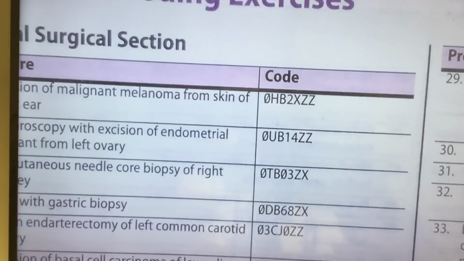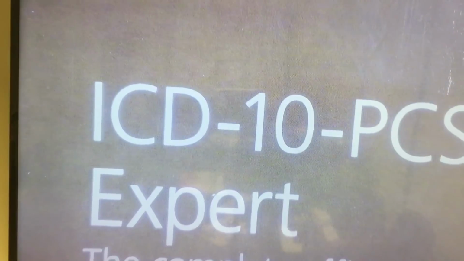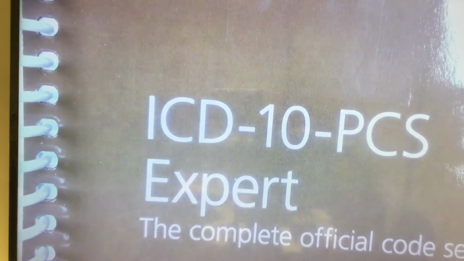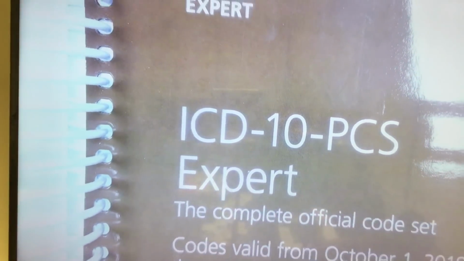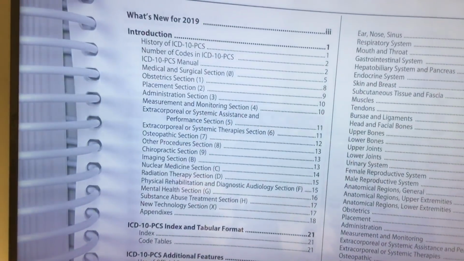All right, guys. So that has been your introduction to the 2019 ICD-10-PCS expert. And I'll be back, guys, with more cool tools. But what's your homework? What do you need to do next? Yes, you said it.